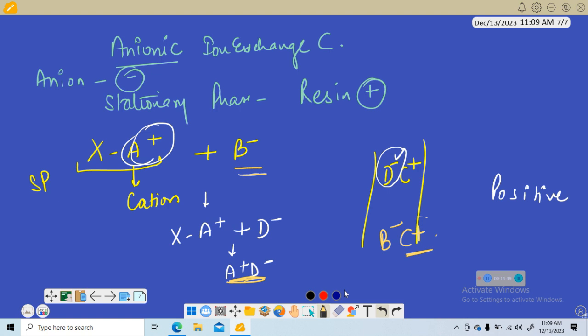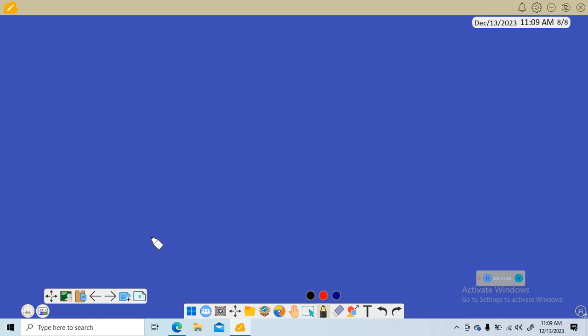So this comes under column chromatography. Column chromatography is sometimes also called gravitational force chromatography, in other words.